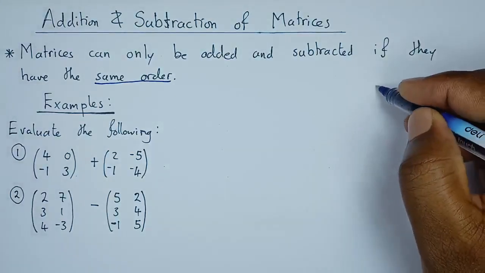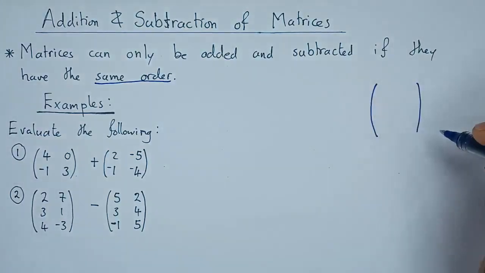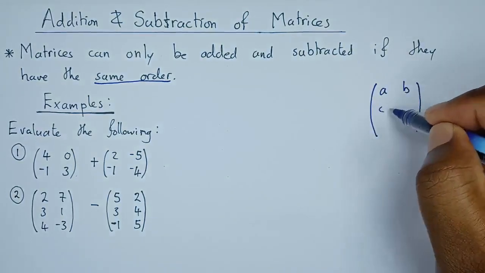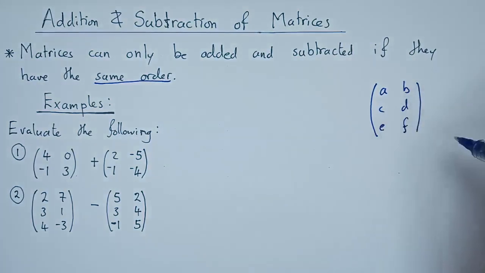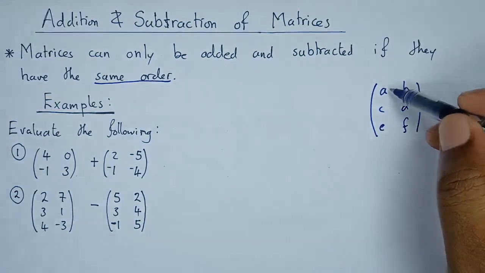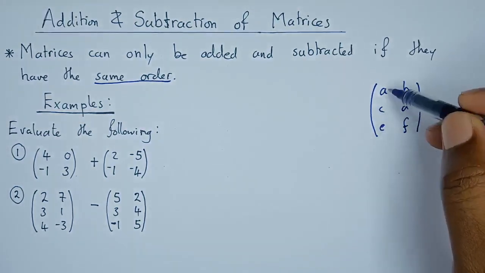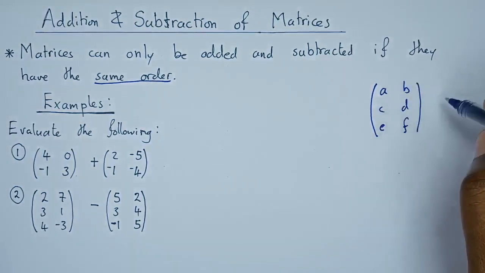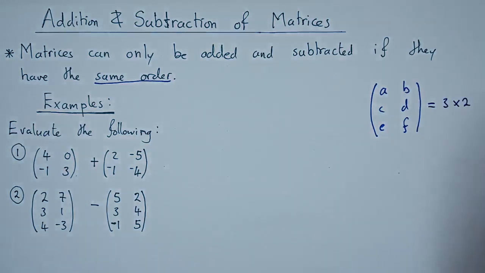For example, if I have this matrix, A, B, C, D, E, F, this matrix has 3 rows and 2 columns. So the order of this matrix is a 3 by 2. Order of a matrix simply means how many rows against columns the matrix has.